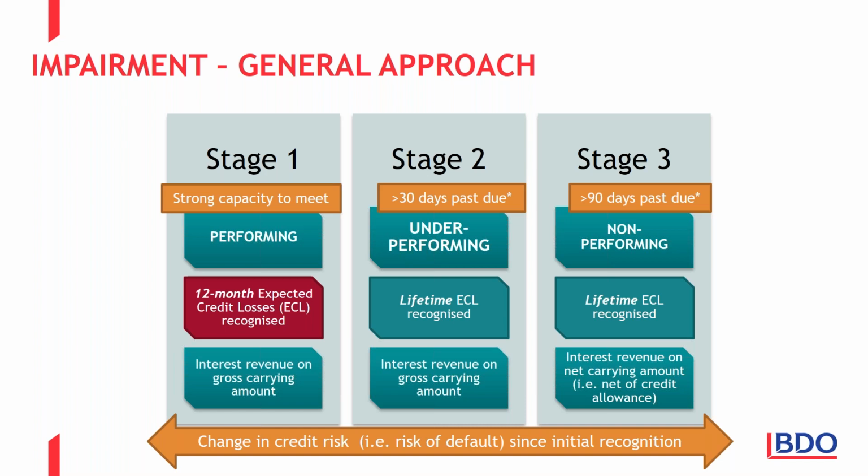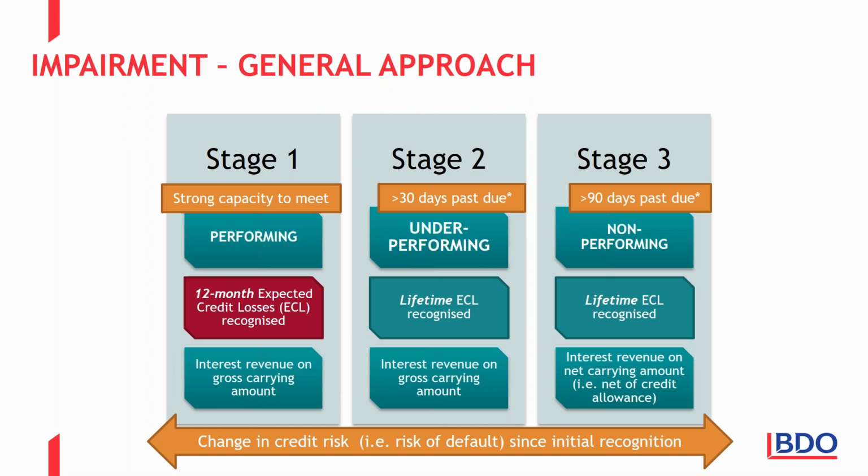And we said stage 1 would be that this financial asset is actually performing. And when we enter into a new arrangement, those financial assets, loan receivables, usually would automatically start, in most instances, in stage 1. They're performing. We look at the 12-month expected credit loss, and we recognize revenue on a gross carrying amount.